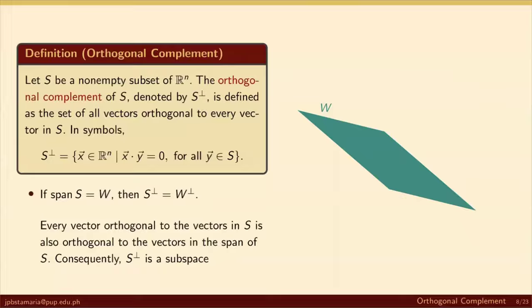To get W perp, you look at the vectors that are perpendicular to every vector in W. It simply looks like a straight line passing through the origin, and this line makes a 90-degree angle to every vector in W. If I take an arbitrary vector v here and a vector w in W, then by orthogonality these two vectors are at 90 degrees.